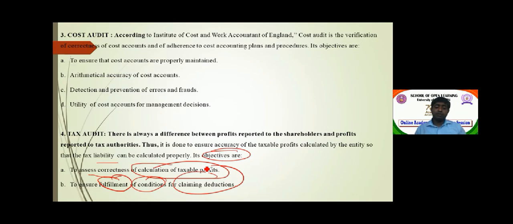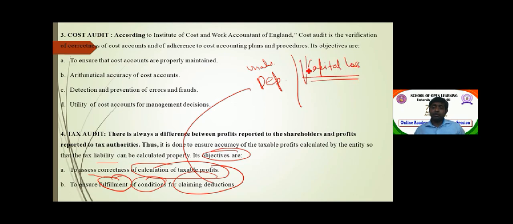So conditions for claiming deduction means that, let's say for example, you need to claim depreciation, unabsorbed depreciation, or you want to claim the capital loss for the next year.